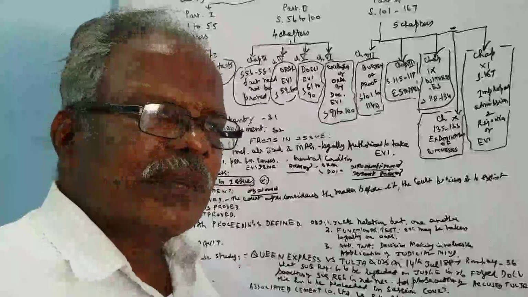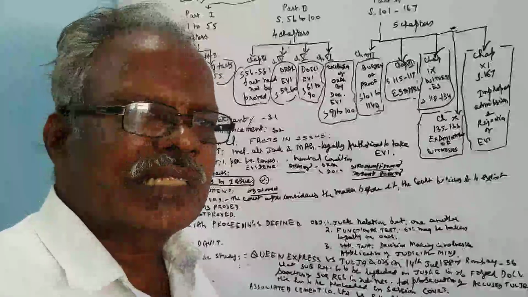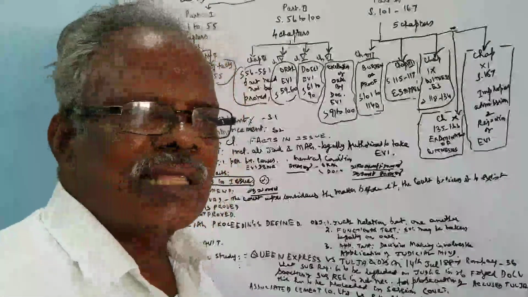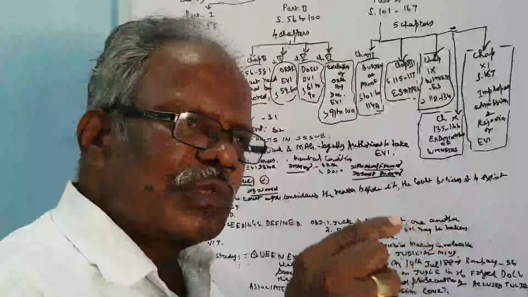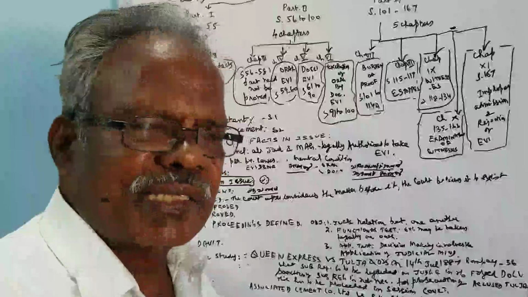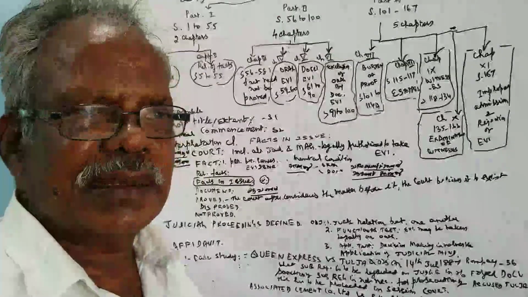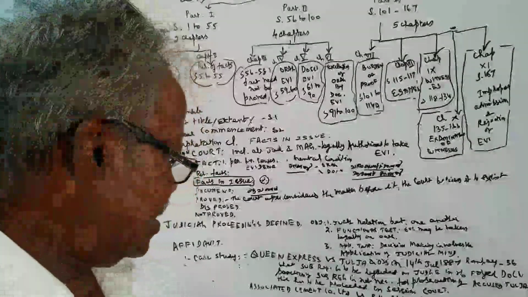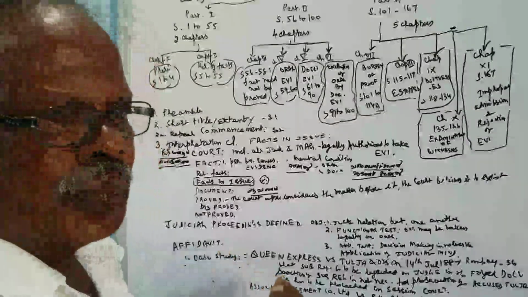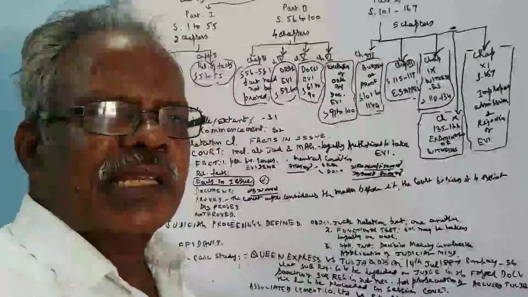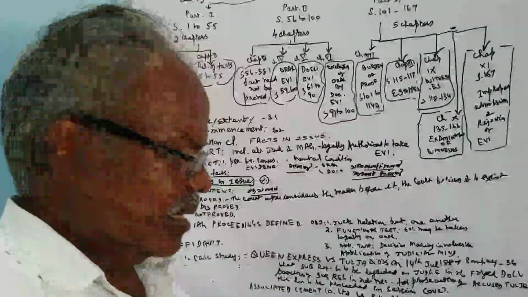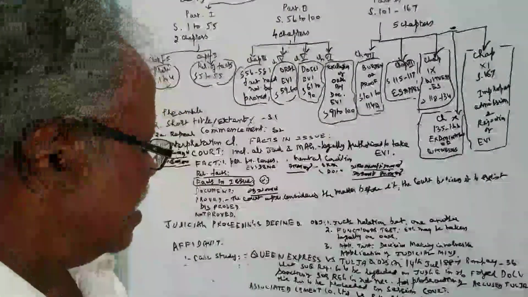In that, the person who is giving evidence will swear that this is the truth, and these are all the facts to the best of his knowledge as stated in the affidavit. So for most things in the Indian Evidence Act, the affidavit should be given for giving evidence. That is regarding the affidavit.